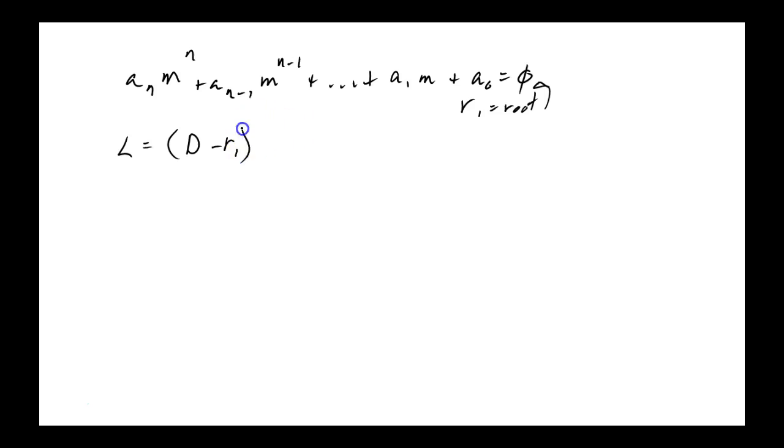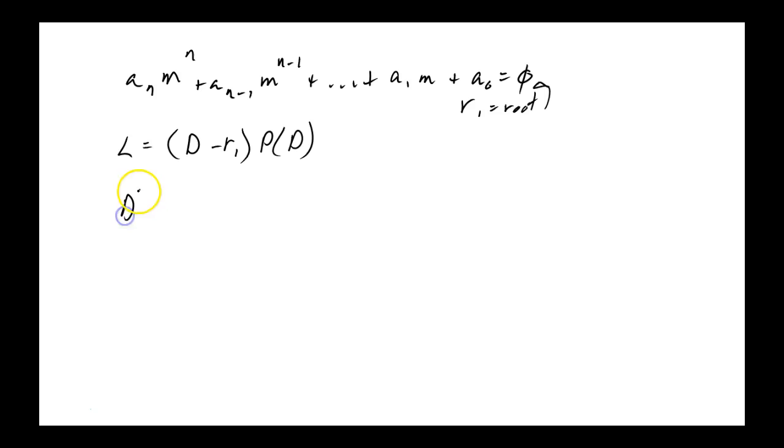L could be D minus r1, that's one of the roots, times some other factor, P of D, where P is a polynomial expression in your differential operator, D, of order n minus 1. You've just reduced it by 1, okay? So in other words, you treat that differential operator as if it's an algebraic quantity.